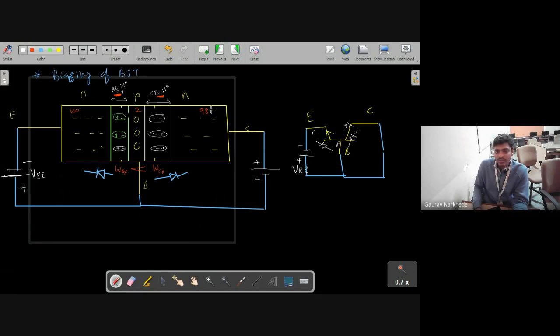Positive is connected to cathode, negative is connected to anode. So this is reverse bias. इस वोल्टेज को बोलेंगे VCC, कलेक्टर को हमने कनेक्ट कर दिया। इसको बोलेंगे आप biasing of a transistor, right?